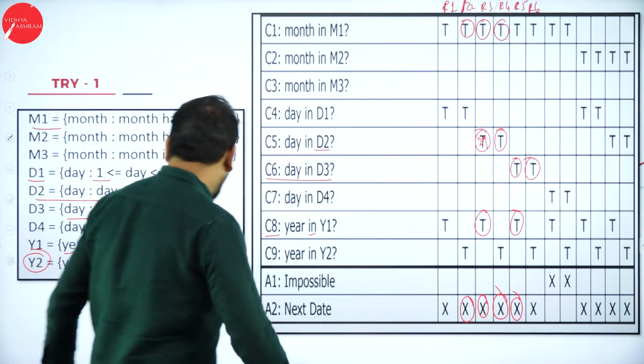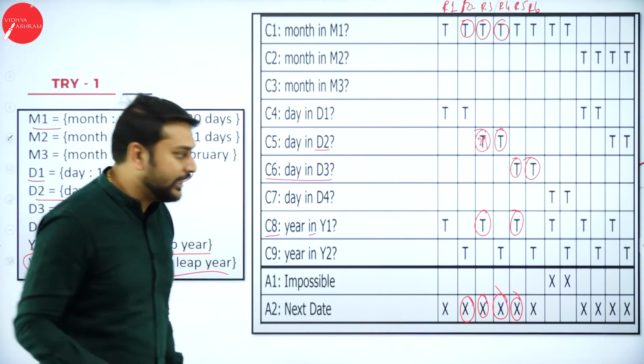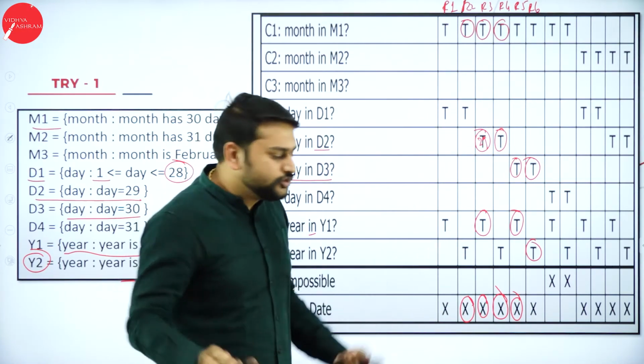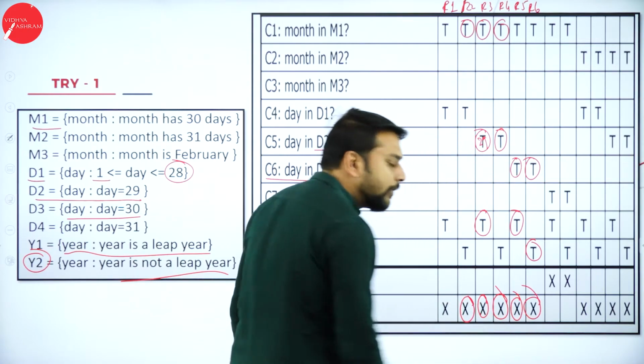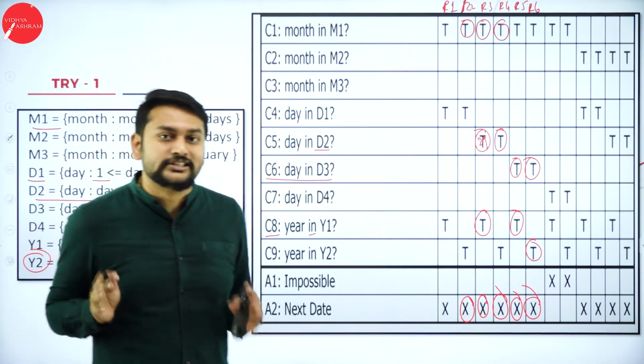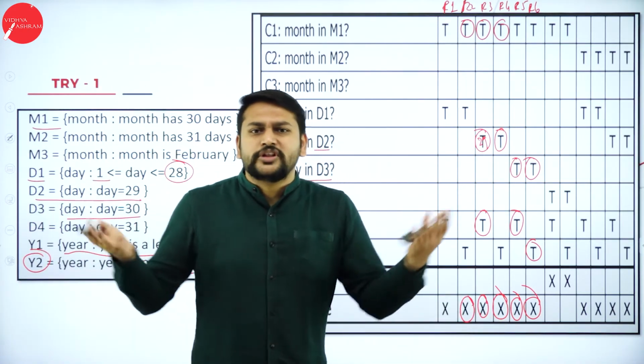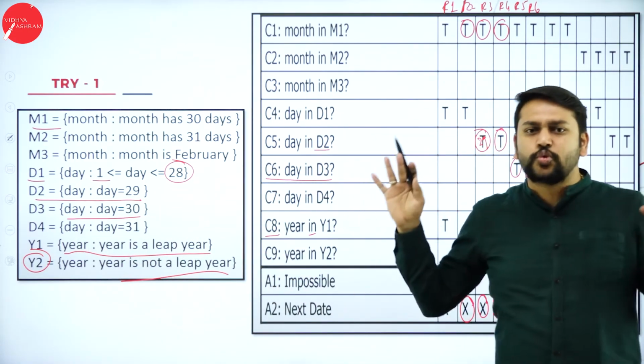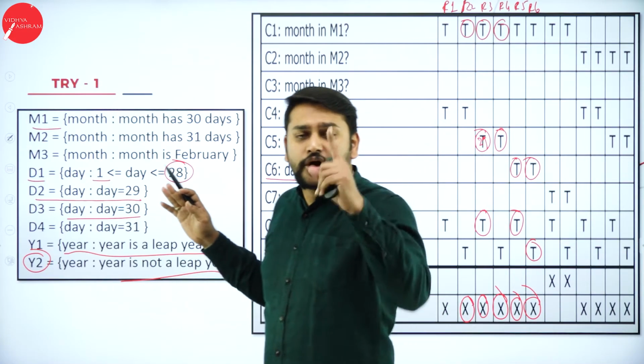Which is not a leap year. So in this case, what are we trying to check? Can I calculate the next date? Yes, you can calculate the next date, but here you need to understand. Till here, whether we are able to calculate the next date or not with these conditions is what we are checking.